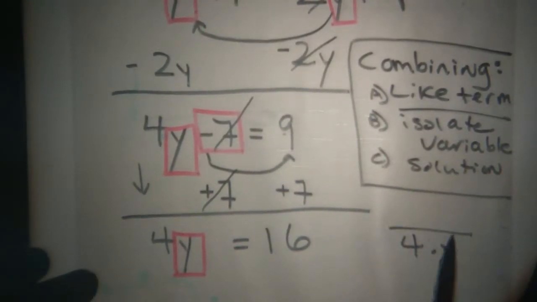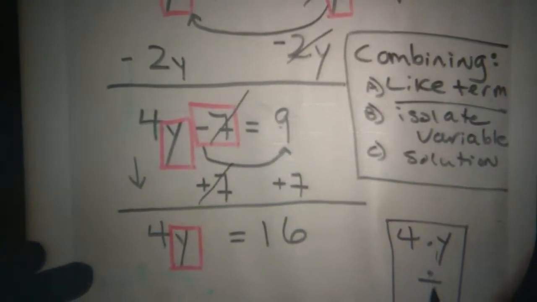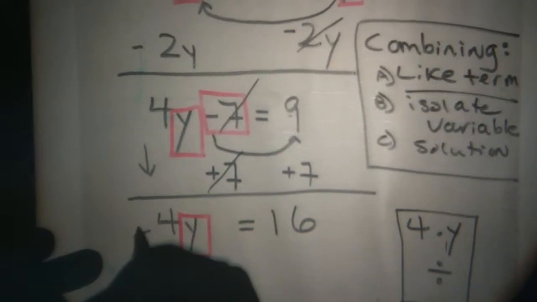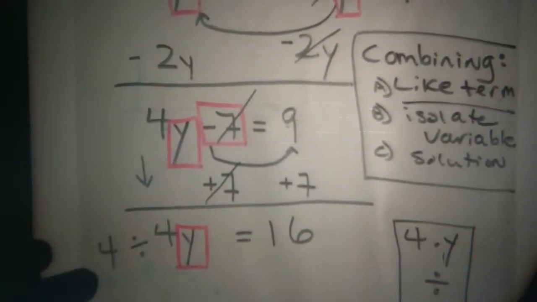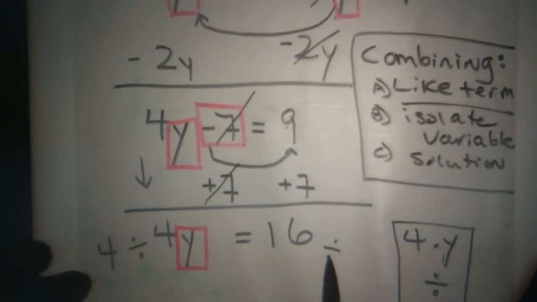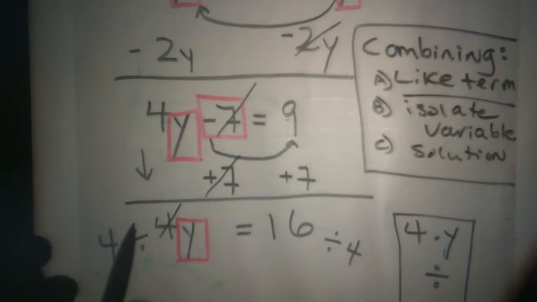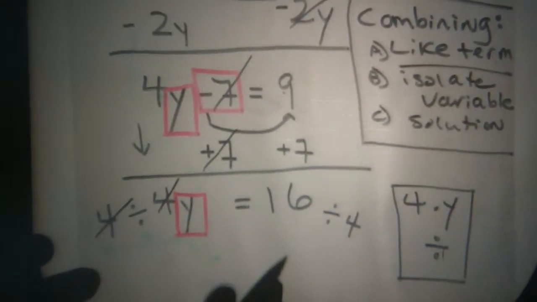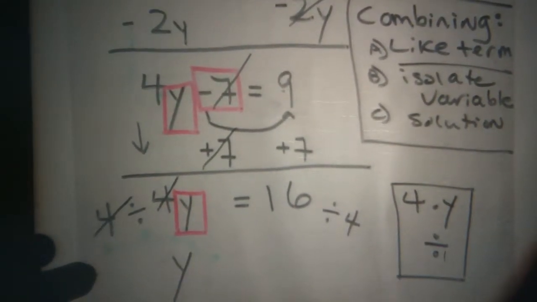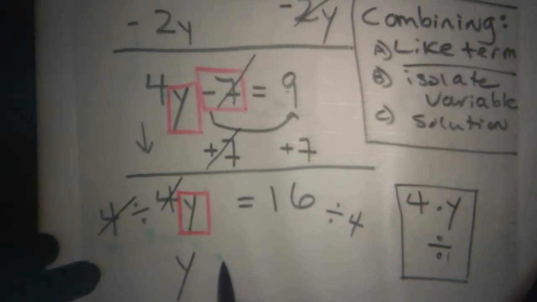Well, the opposite operation of multiplication is division. So I need to divide the 4. What I do to one side, I must do to the other side. So dividing 4 here cancels it out. I still have my y here because all I did was cancel out the 4.